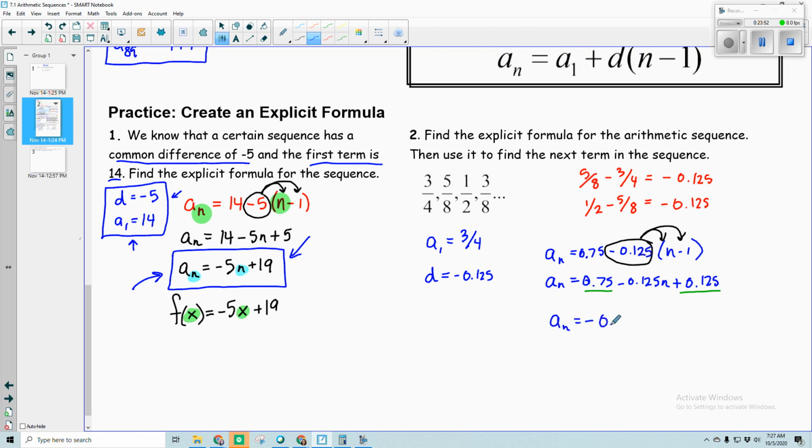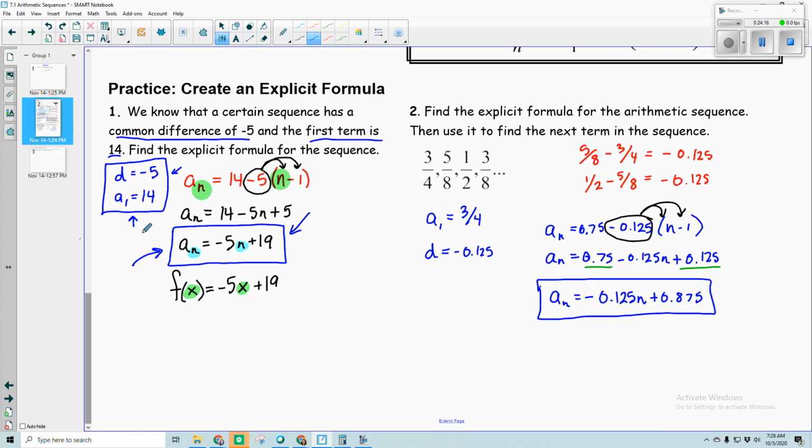So negative 0.125n, and if I add those two numbers together, 0.75 plus 0.125, I get positive 0.875. All right, and there is our explicit formula. Maybe you kept it as fractions the whole time. That is totally fine as well. So you kept it as fractions and continued that problem.